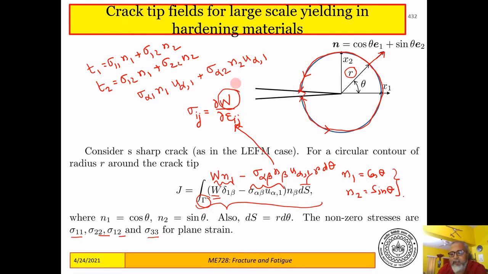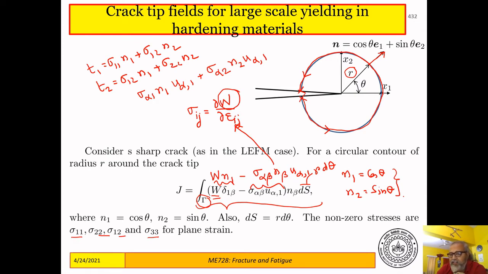So the reason for taking deformation theory of plasticity into account is twofold. First, when you are loading the crack, the stresses in front of the crack are always increasing. There's no unloading unless you are doing fatigue or something of that sort. And the second thing is that it allows you to assume the existence of a strain energy density function.